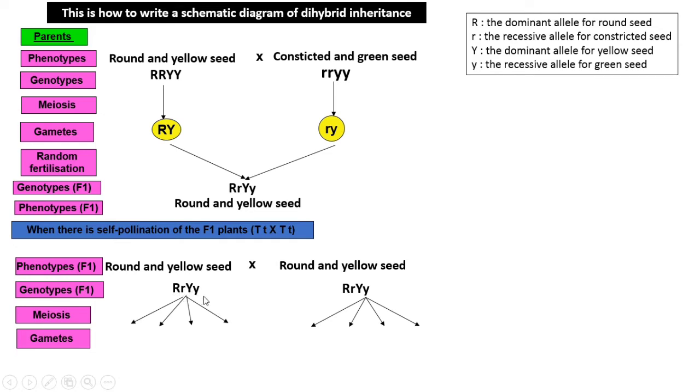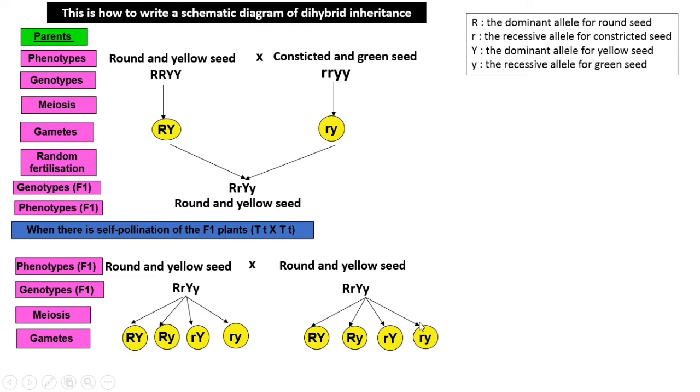We produce gamete here: capital R, capital Y, or capital R and small y, or small r and capital Y, or small r with small y. Okay, so same as the other parent here.